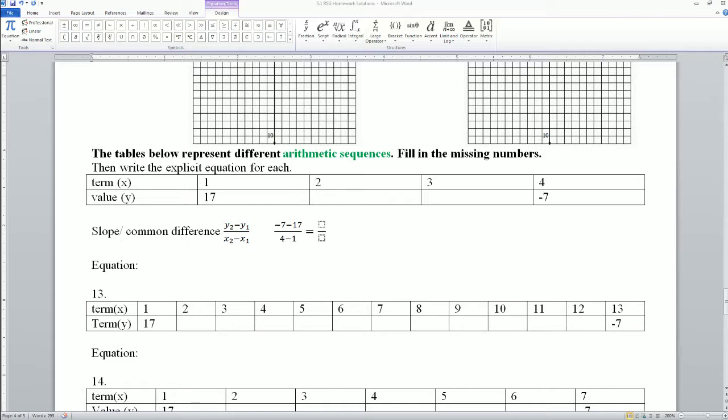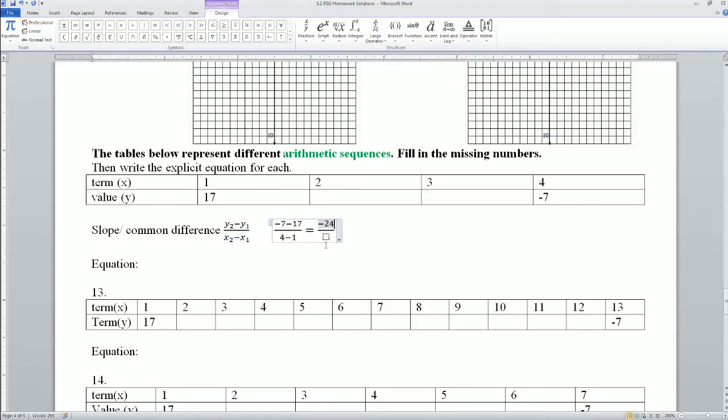Again, it is a negative number, subtract a negative, so it's going to be a larger negative, if that makes sense. If you want to use a calculator to make your life easier, this would be -24. And 4 minus 1 is 3.